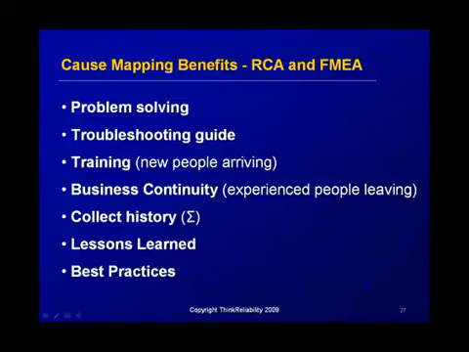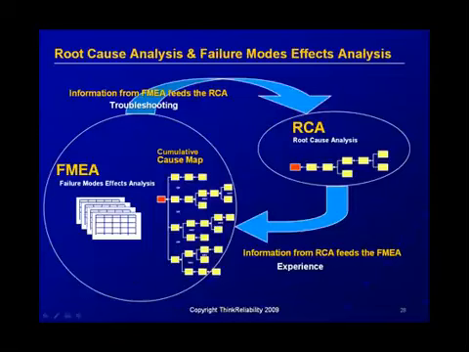So these cumulative maps, besides being a way to organize your FMEA, connect RCA and FMEA together, but are also a very useful guide in terms of capturing information that's valuable to your business. There's a simple graphic that shows how, if you do a root cause analysis, it ends up helping feed an FMEA.